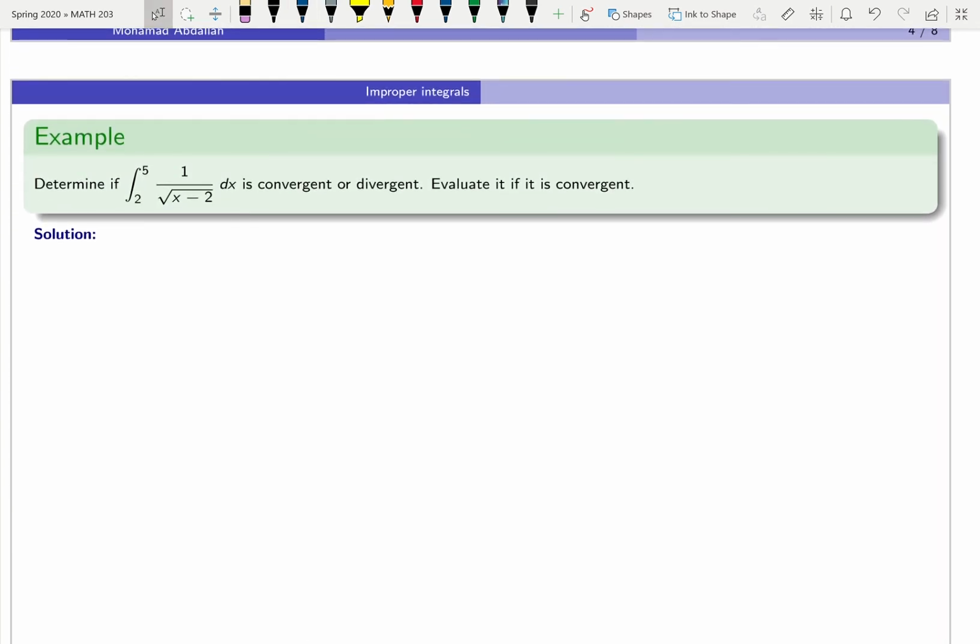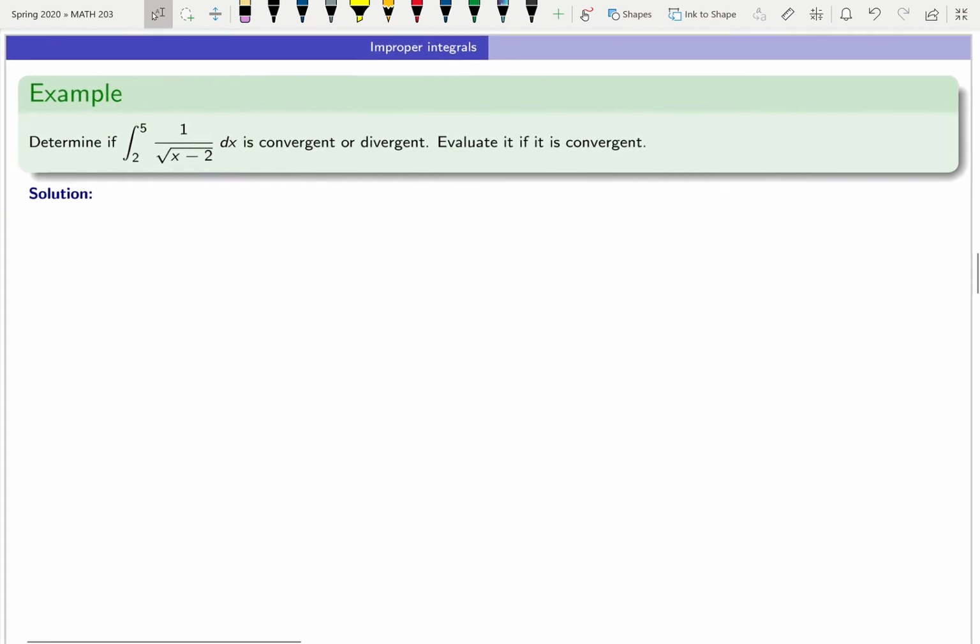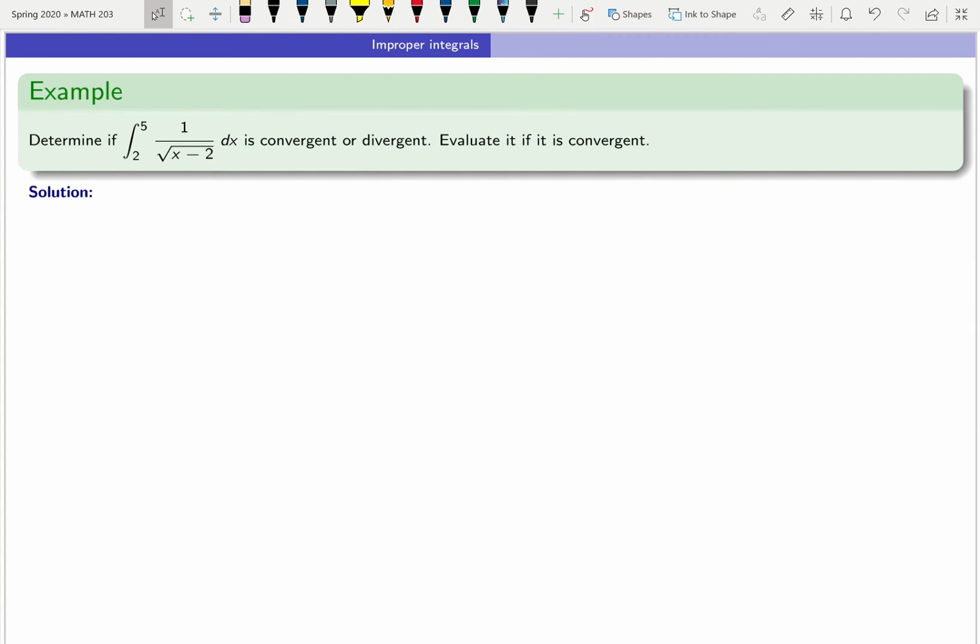Here's another example. Determine if the integral from 2 to 5 of 1 over radical x minus 2 dx is convergent or divergent. Evaluate if it's convergent. So again, here I have a problem at 2. The denominator is radical x minus 2, so x cannot be equal to 2.